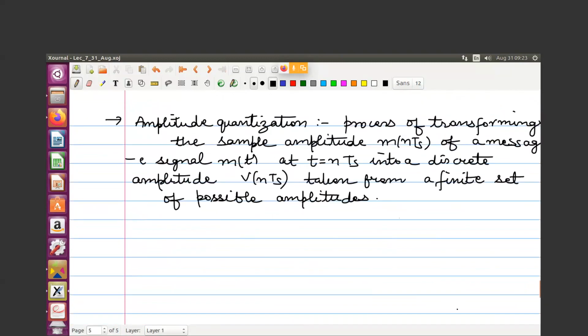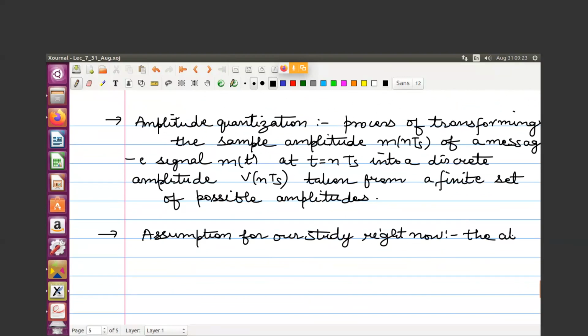Now, our assumption for our study right now is that the above process is memoryless and instantaneous. Okay, this should be known.